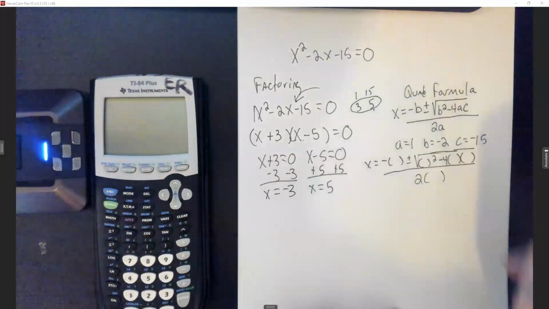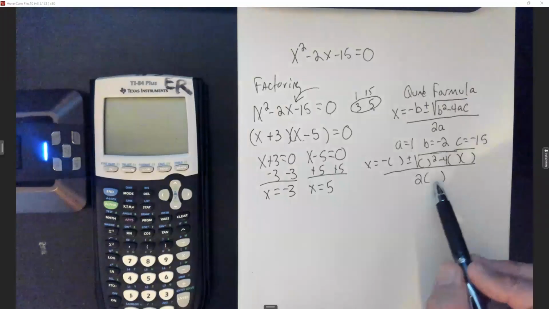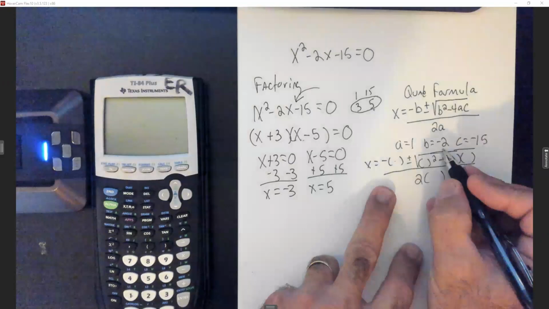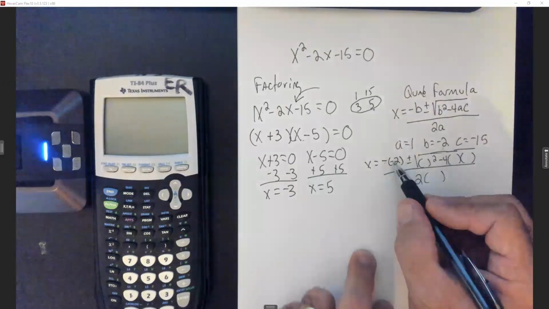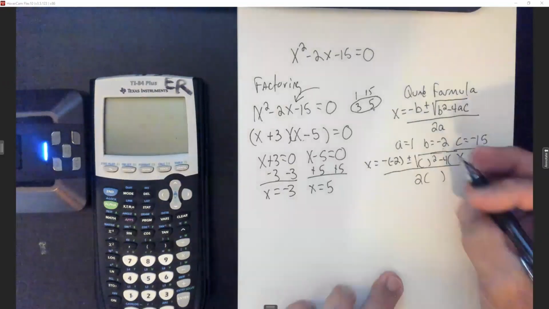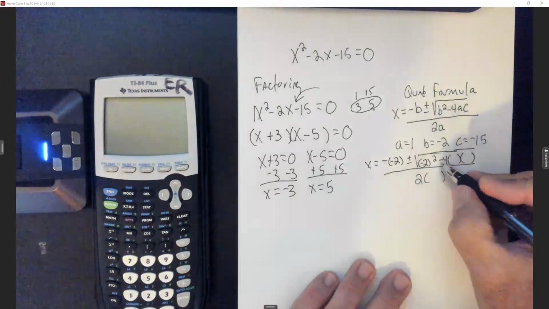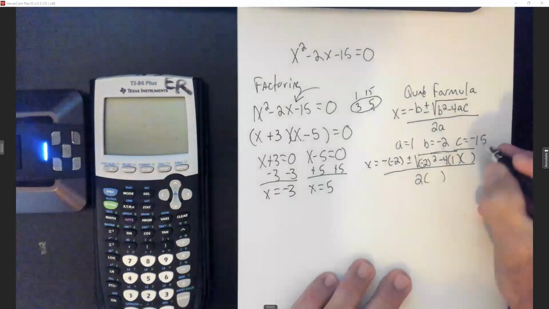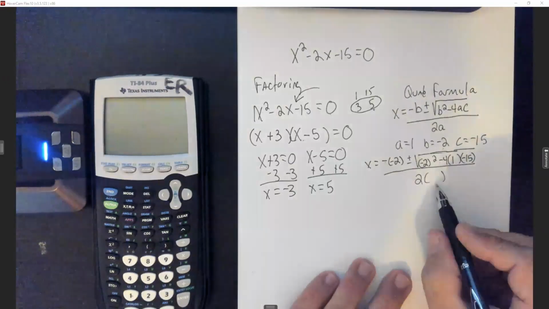So y'all, all I did that time was replace all the letters with parentheses so that I can now put in my numbers. So b was a -2. So that's going to give me a -2, which in a second I'm going to make that positive. B squared would be a -2 squared minus 4 times a, which is 1, and c, which is -15. All of that's over 2 times a, which was a 1.